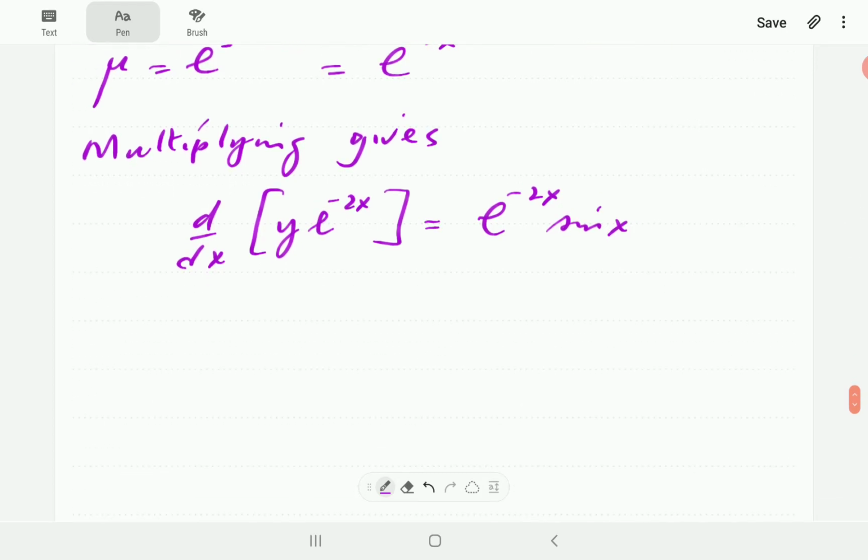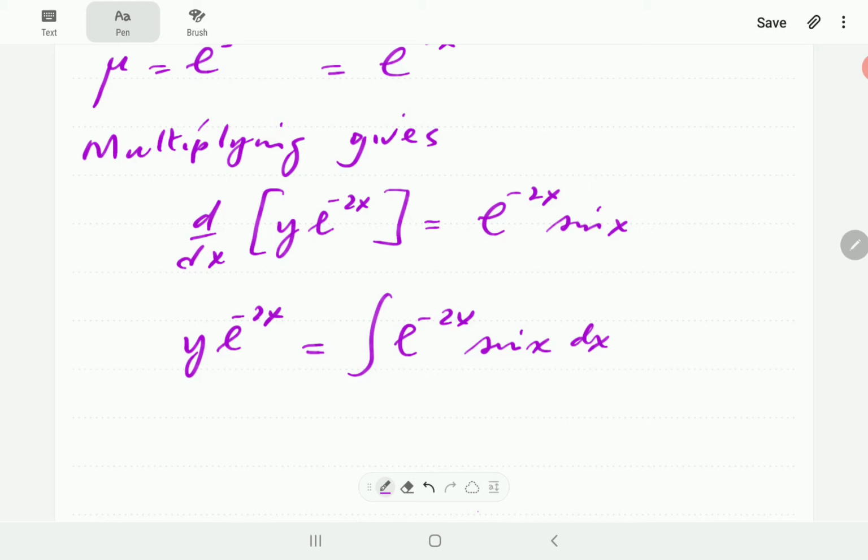Then if we integrate on both sides, the left hand side is going to be y e to the minus 2x. This side we're going to have the integral of e to the minus 2x times sine x dx.